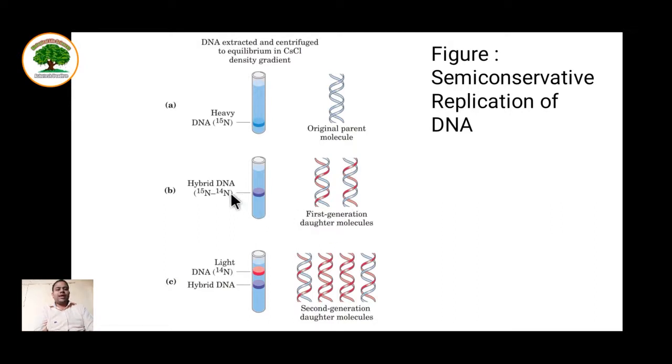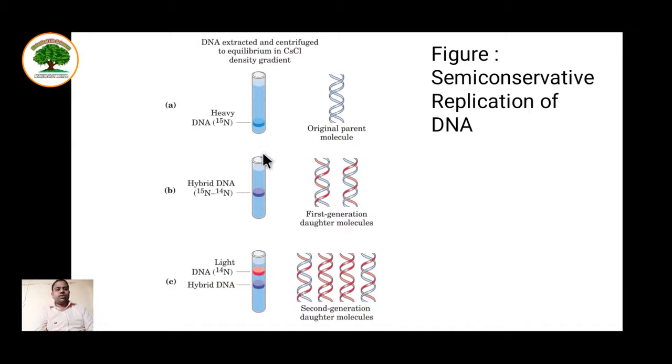After that they again grew this in the next tube, and the next generation was grown, and in the next generation it is seen that a totally new strand is synthesized in the other two offspring formed from the second generation daughter molecules. So when the DNA is extracted, it will form a different light band at the top.